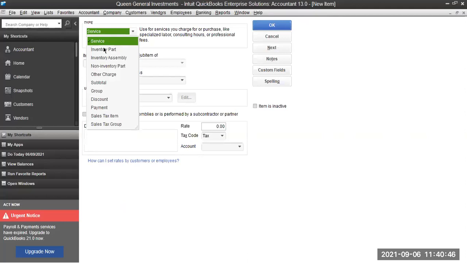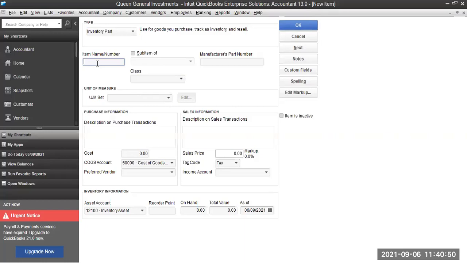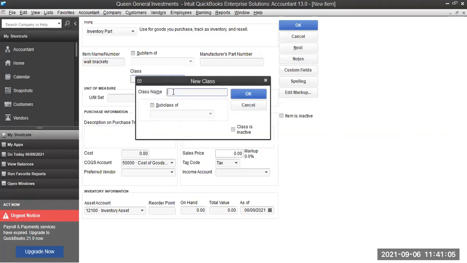It's again an inventory part, wall bracket. The class will fall under electronic accessories. Let them fall under accessories.